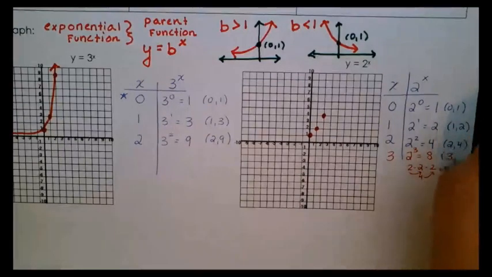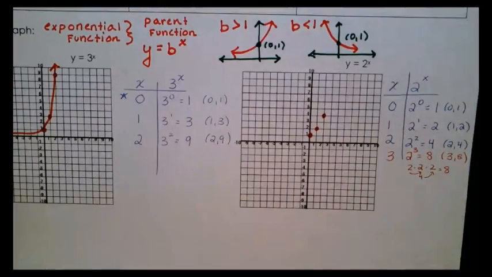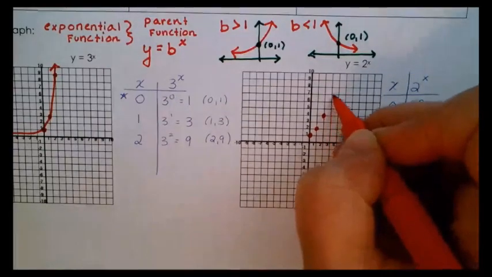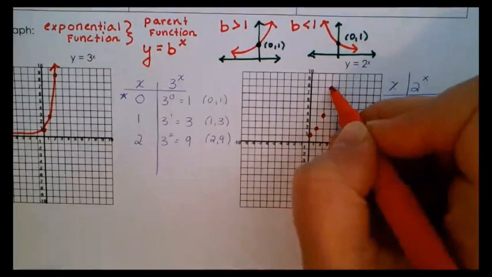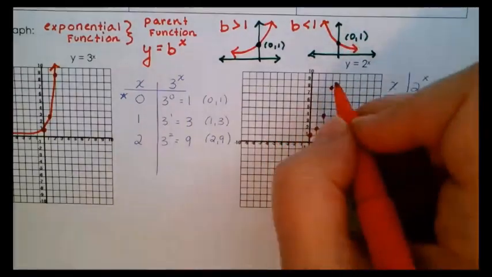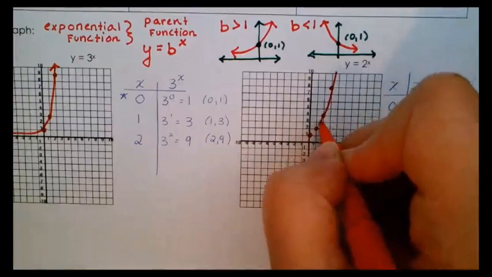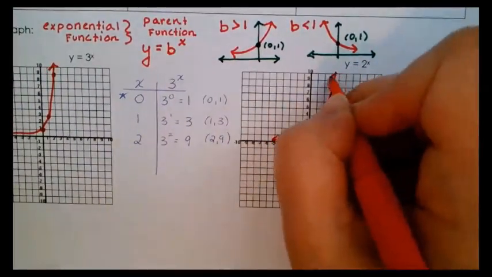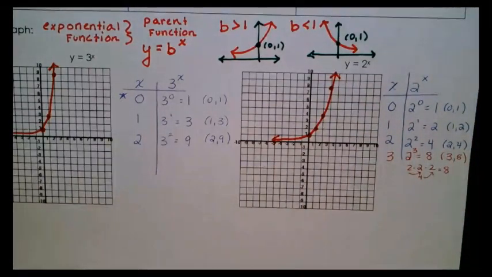Last point is 3, 8. So let me plot that last point. 3 all the way up to 8, which is here. And now I'm going to create a smooth curve, and when I go to the left, I cannot dip below the x-axis. And we're done with that question.